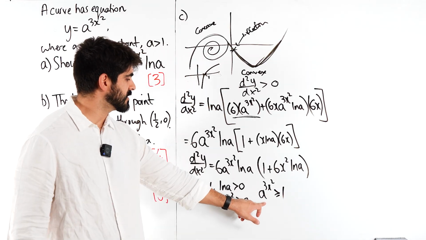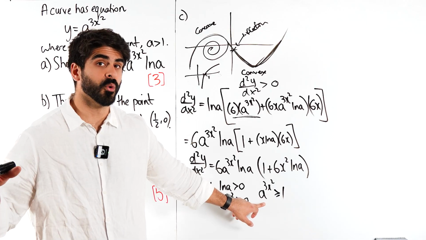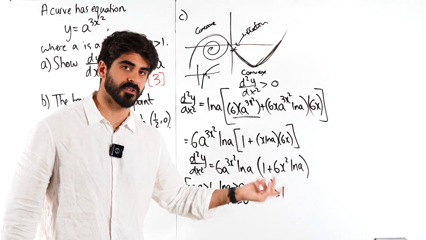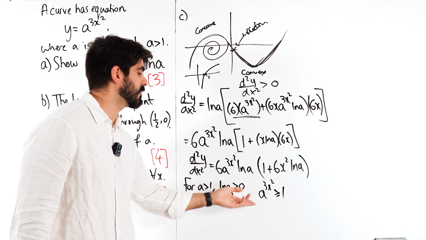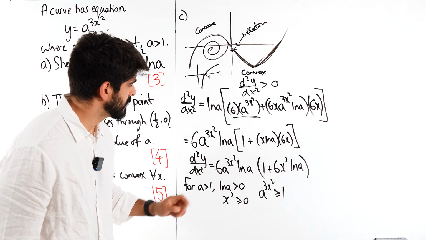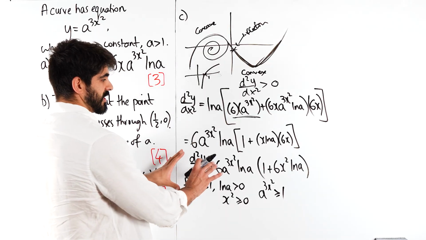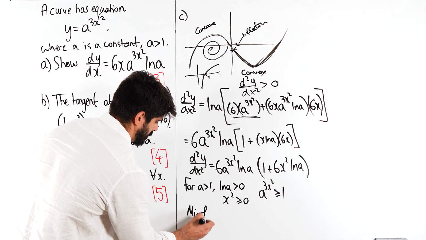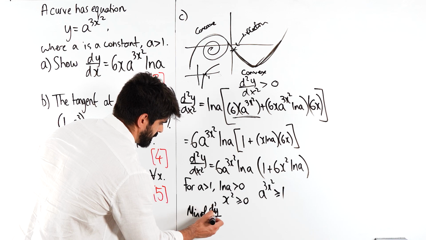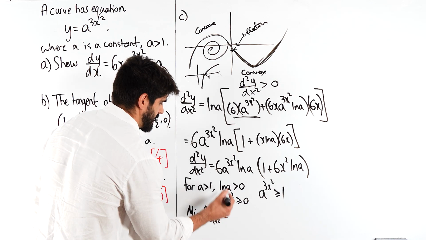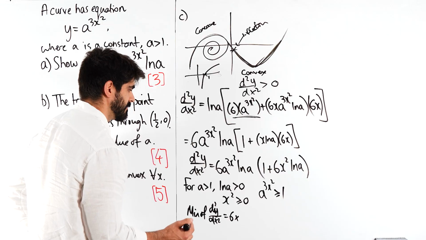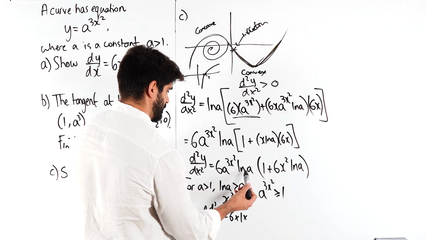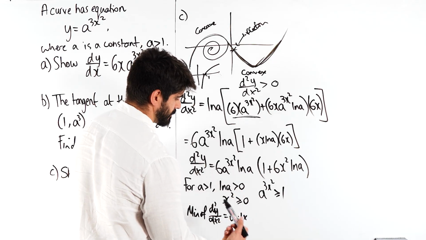Yeah? So if this is 1 or more, and this is at least 0, if you have 1 to the power of 0, those are the smallest values they could both be. You have 1 to the power of 0, which is just 1. Okay, so if we consider the minimum value, so the minimum of d2y by dx squared, we get 6 times 1 times, well, that has to be bigger than 0, okay?